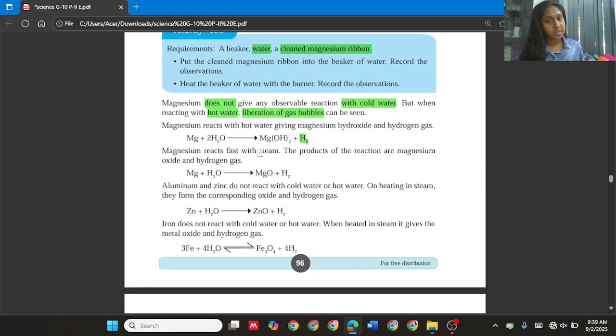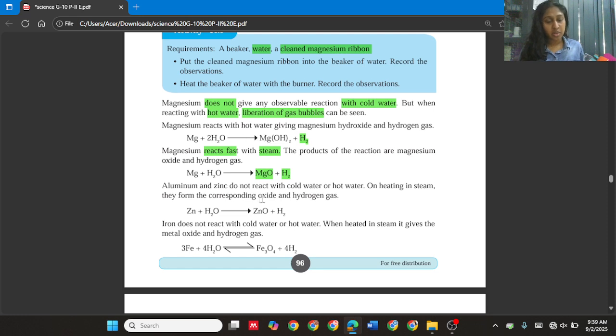When it comes to steam, not water, Mg reacts fast. The products of the reaction are magnesium oxide, MgO, and also hydrogen gas as previously. But in the previous case with hot water, it gave magnesium hydroxide. With steam, it gives magnesium oxide instead of magnesium hydroxide.